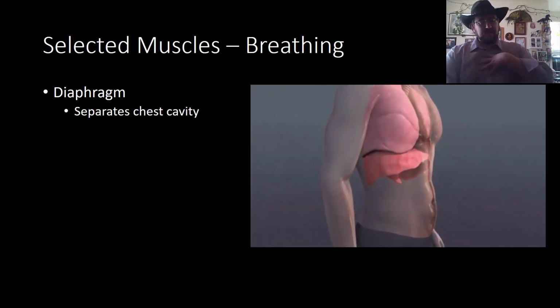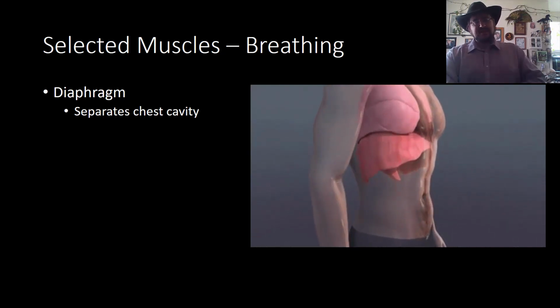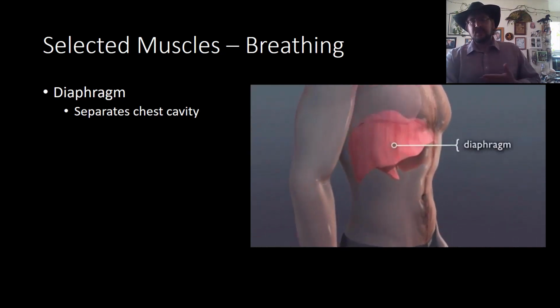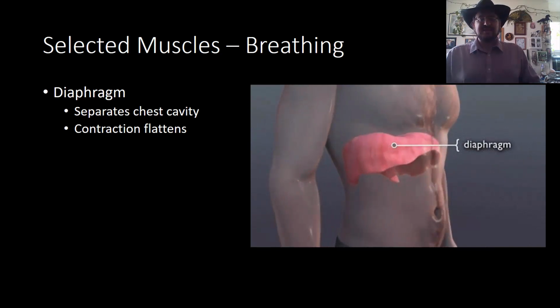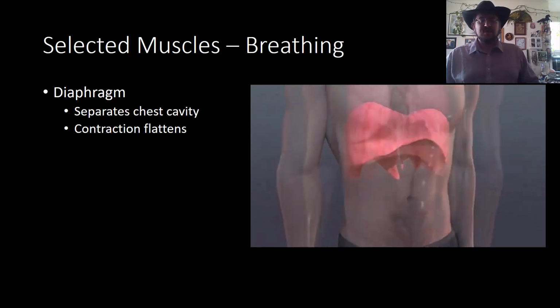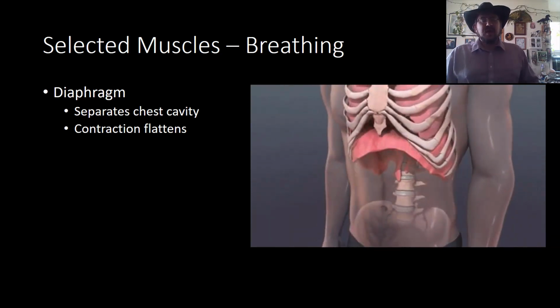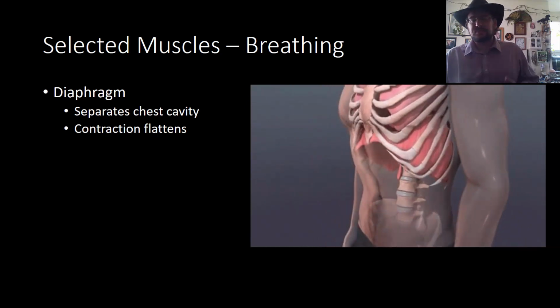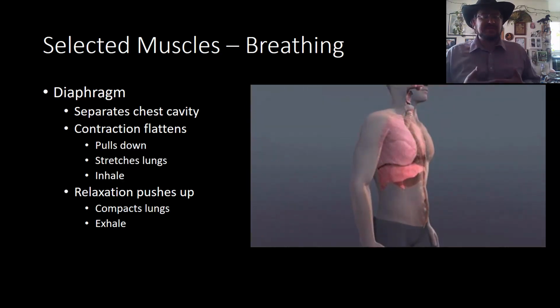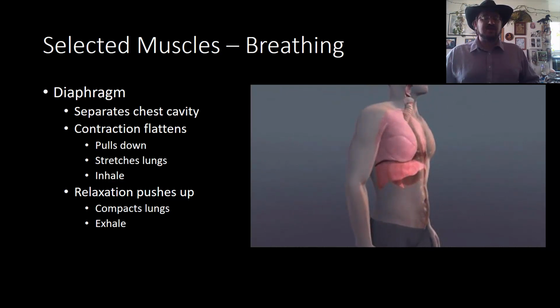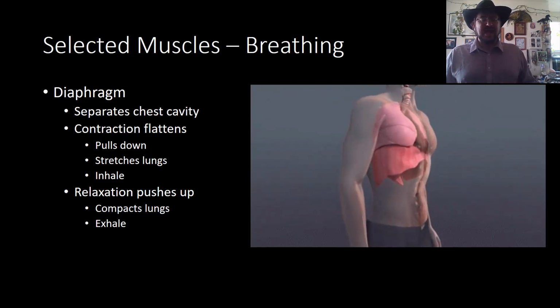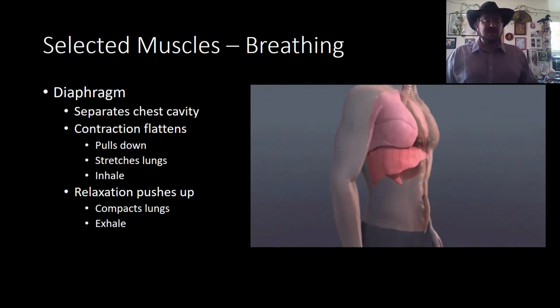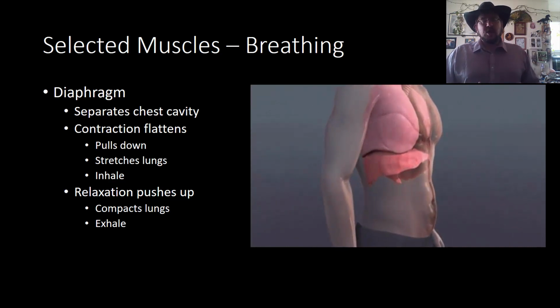So we have thoracic and abdominal, and it's the diaphragm that separates them. Contraction flattens it, pushes it down. Relaxation pushes it up. So when it pulls down, it stretches your lungs. When your lungs stretch out, air rushes in. That's inhaling.